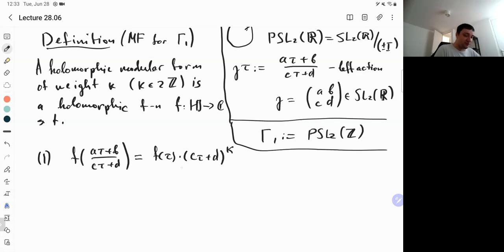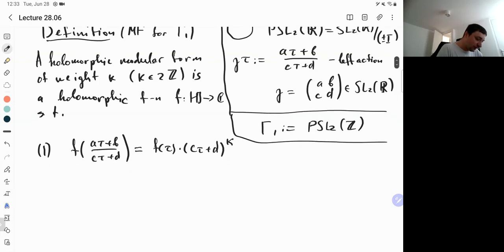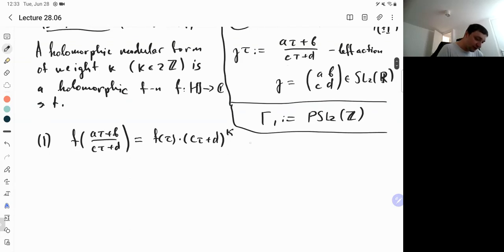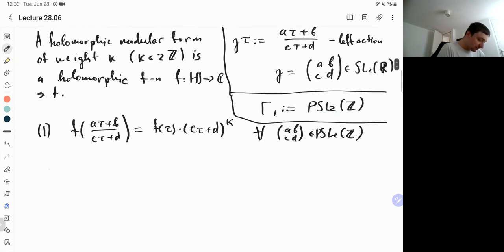So you put this additional factor on the right. And this is the main property in SL2(Z) or in PSL2(Z), as I've been saying, I've abused this notation quite a bit.